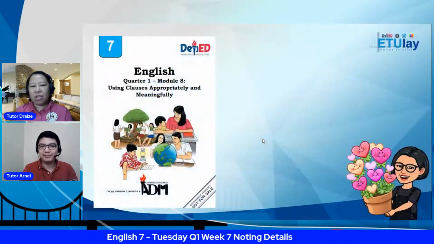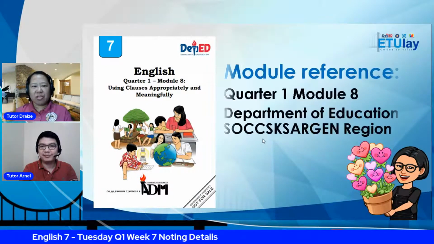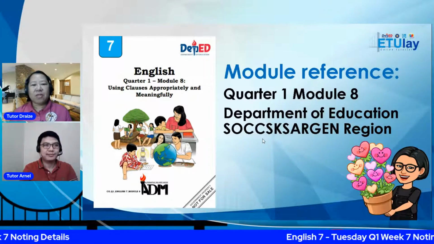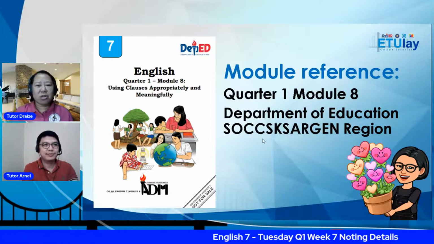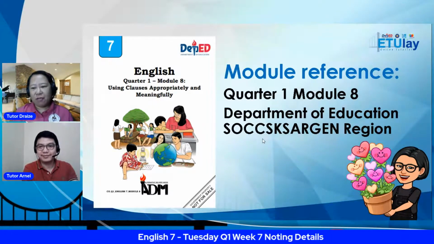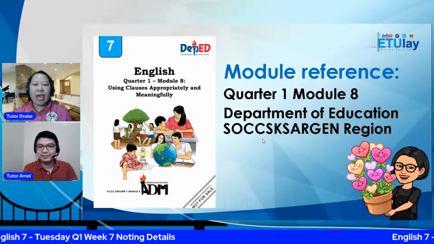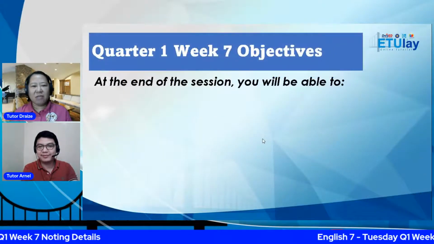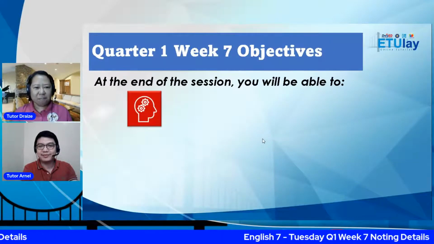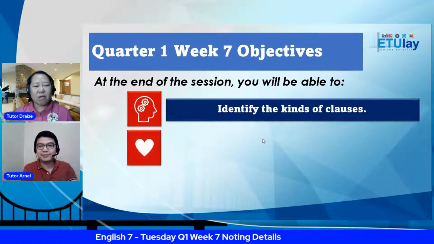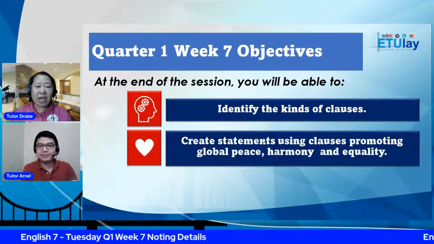Let us start off with our reference for today's lesson. We would like to thank the Department of Education for our module this afternoon. Thank you very much for allowing us to use your module. These are our objectives for today. Like what we always mention, we divide our lesson into three categories.